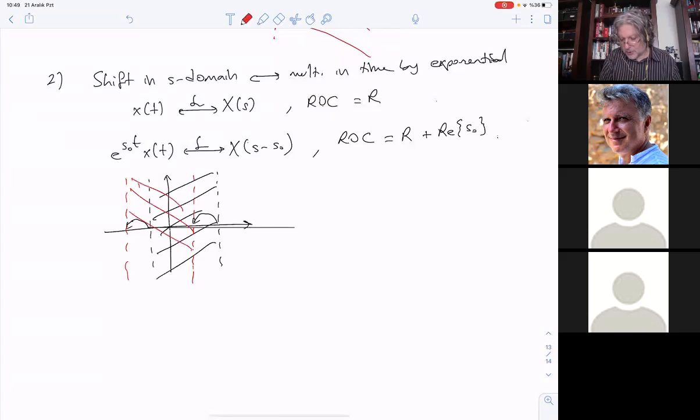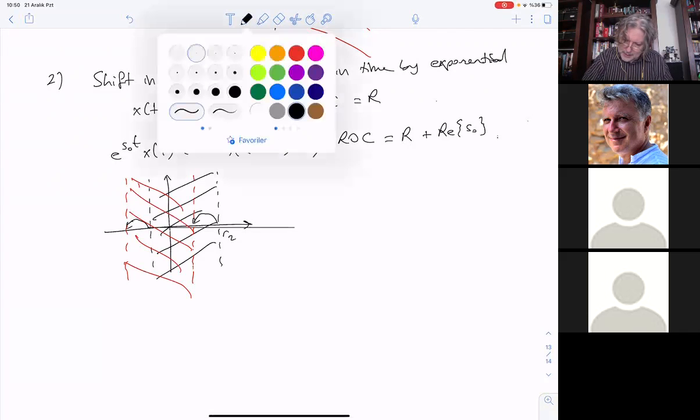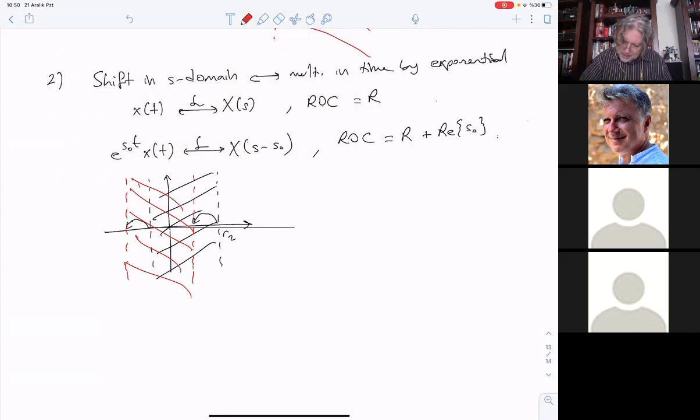And now your new region will be like this. So I think the correct way of putting it is, for example, if this is R2, then this new point here will be R2 plus.